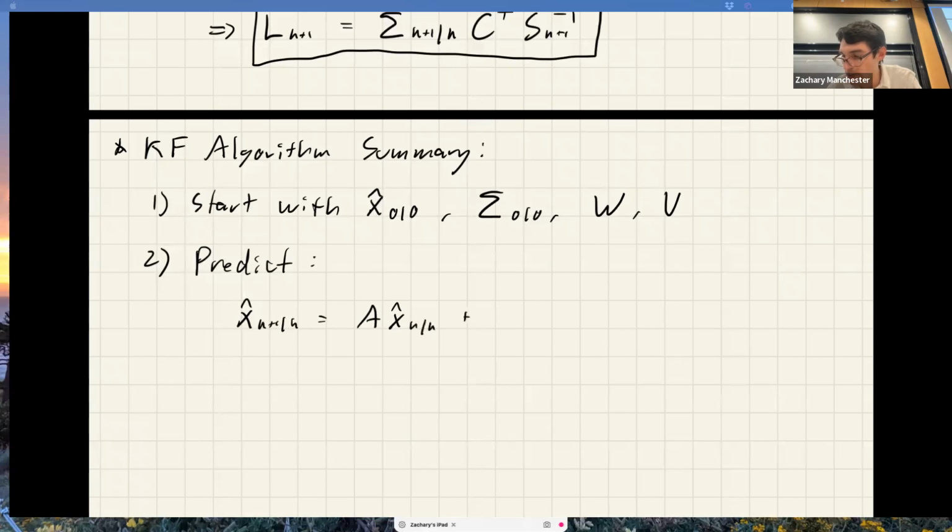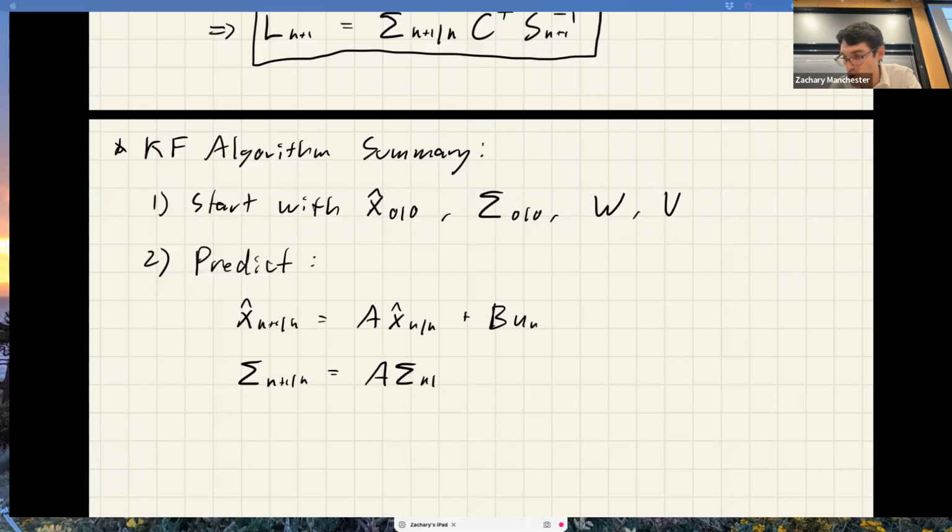I did this for LTI dynamics, but it works obviously with LTV dynamics. It doesn't matter, right? You can put subscripts on the A's and B's. That's all fine. You can also incidentally put subscripts on the noise, so you can have time varying W and V as well, if you want to, although we don't typically do that. Maybe it makes sense.